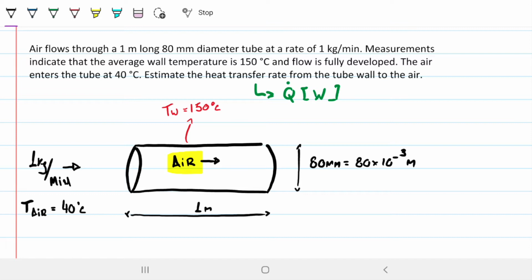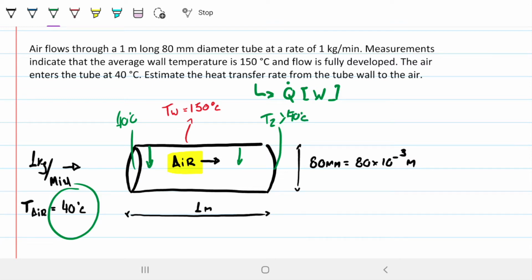So we know beforehand that our Q, the one we're looking for, is going to be flowing from the wall into the air, correct? And we also know that this air will be heating up. So it's entering at 40, but it's going to leave at a temperature T2, which is higher than 40, correct?